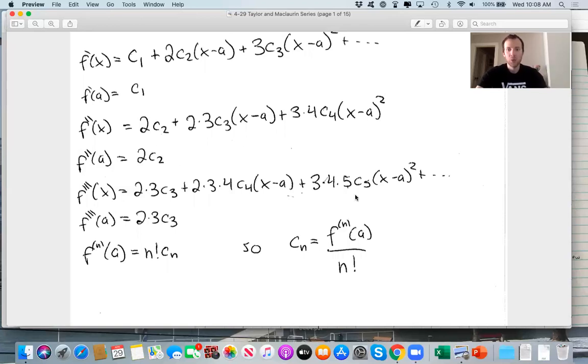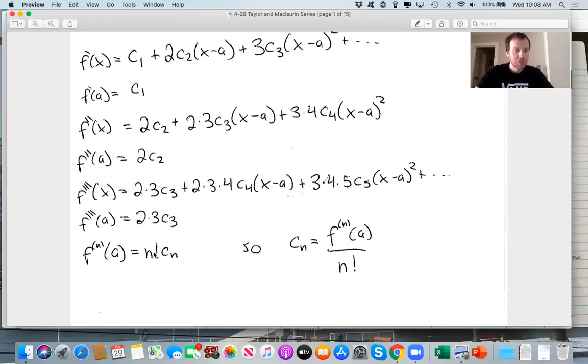And if you look ahead, you're seeing 3 times 4 times 5. The next derivative is going to bring a 2 down. And so we see that these factorials keep showing up. Repeatedly using the power rule, you are bringing more and more numbers down out of the exponent. And when you multiply those all together, you get a factorial.